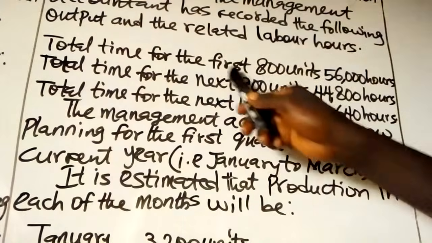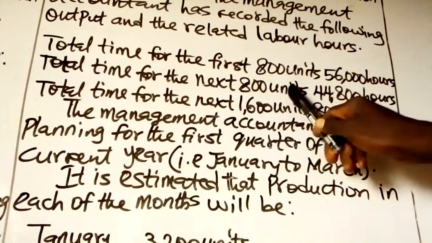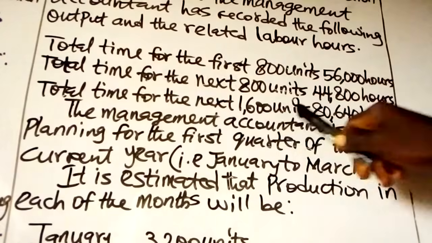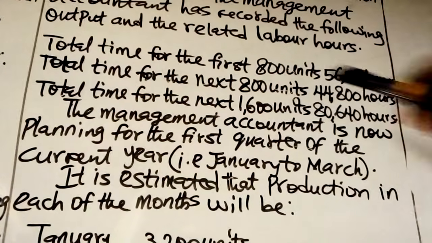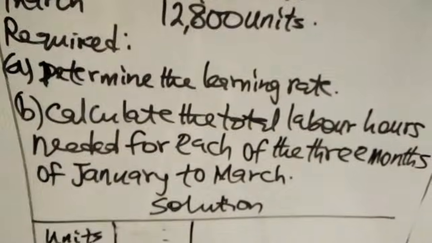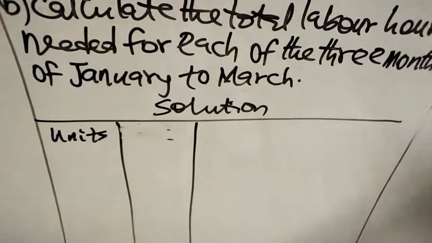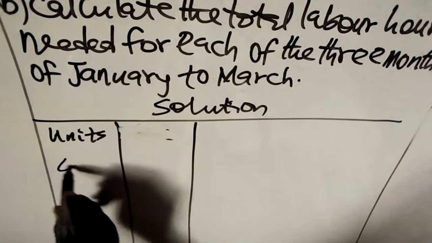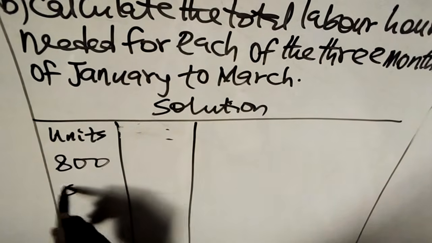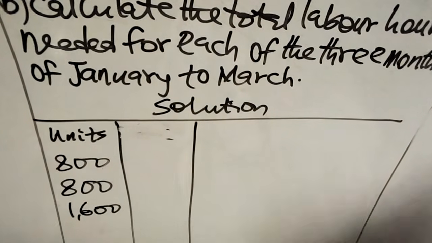Total time for the first 800 units is given, total time for the next 800 units, and total time for the next 1,600. We have 800, 800, 1,600.